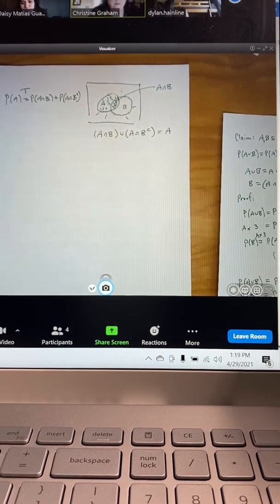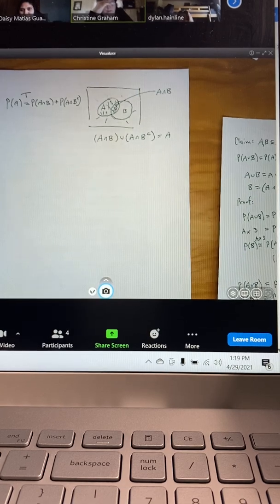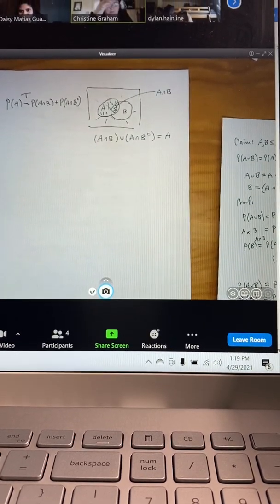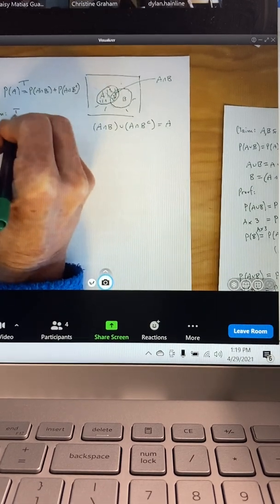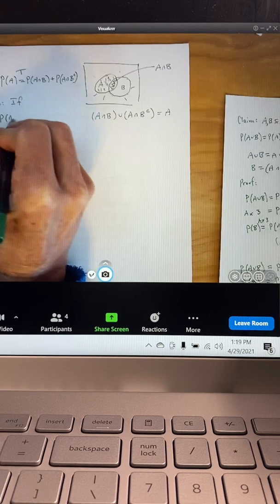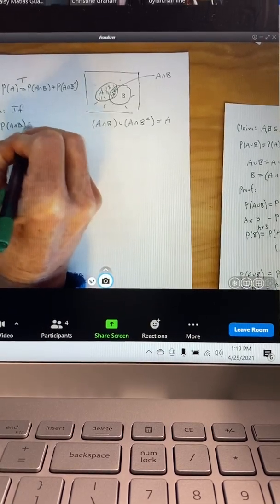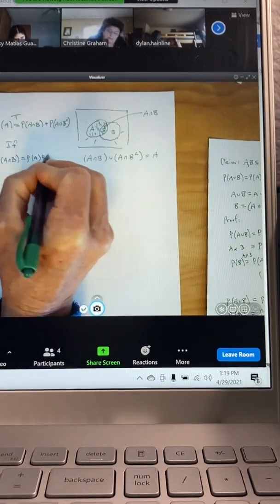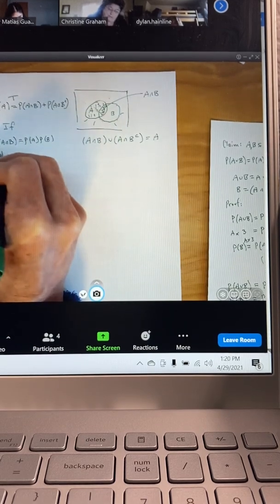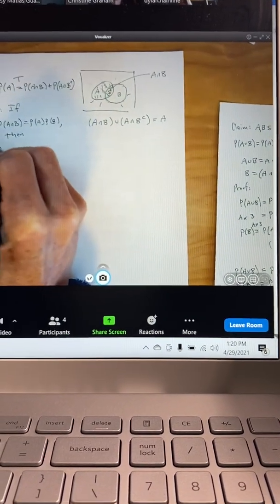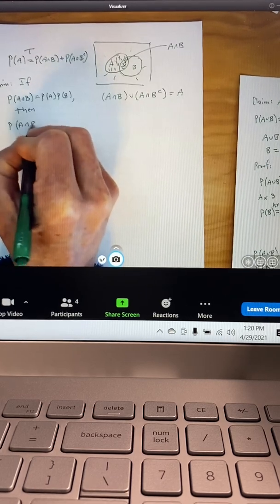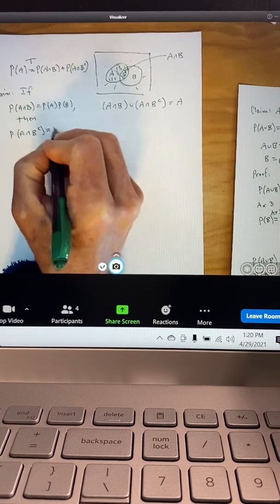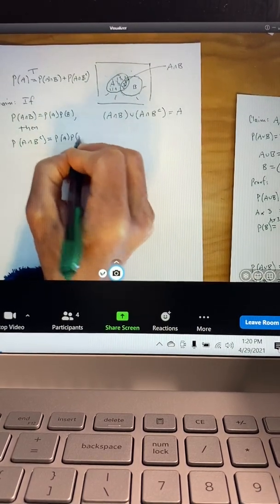Okay, oh, I see what you wrote. So what we're trying to show is the claim that if the probability of A intersect B is equal to the probability of A times the probability of B, then the probability of A intersect B complement is equal to the probability of A times the probability of B complement.